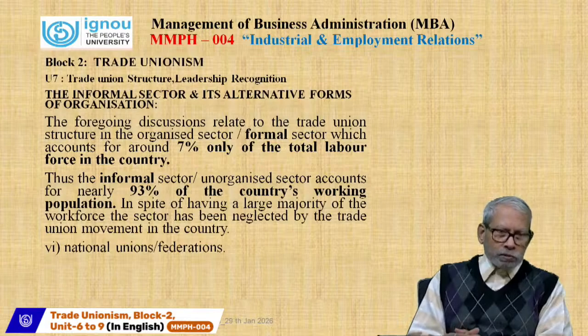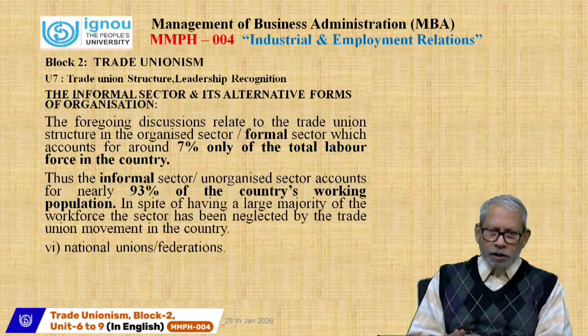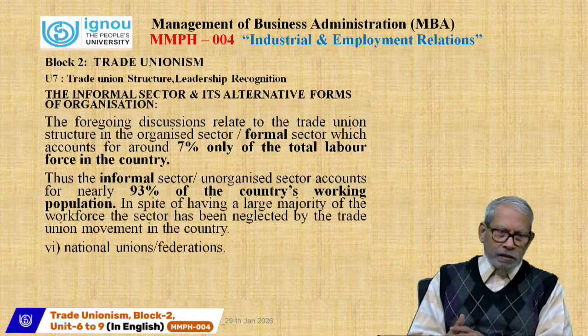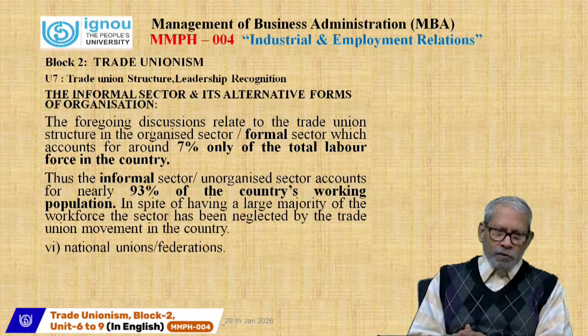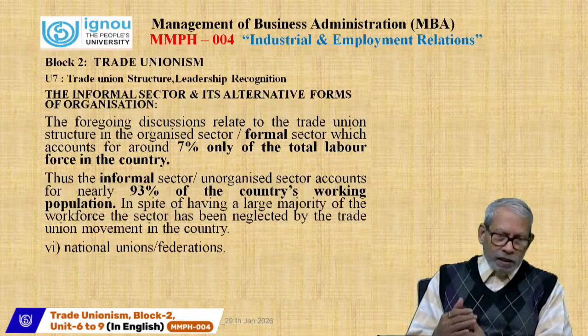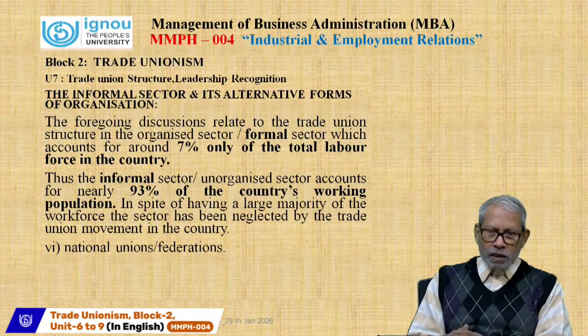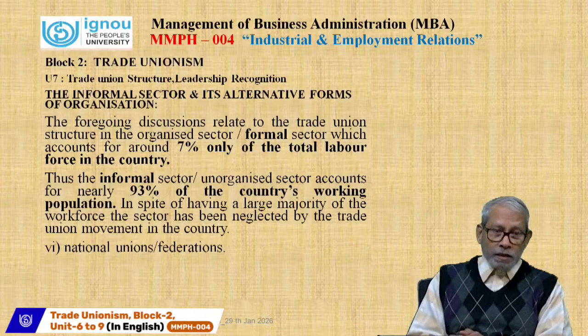Now the formal sector and its alternative forms of organization. The following discussion relates to the trade union structure of the organized sector. The formal sector accounts for only around 7% of the total labor force of the country, whereas the informal sector accounts for nearly 93% of the country's working population.